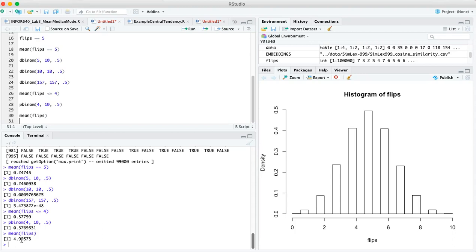And the theoretical mean of our flips is definitely 5. It's just a matter of, in this set of 100,000 experiments, it came out to slightly less than 5. So again, that's the difference between running these simulations and actually calculating what the number is going to be.